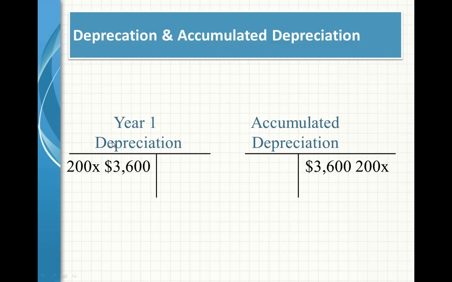Depreciation is an expense. Each year it goes to the debit side of the income statement, and in the balance sheet it will be deducted from the asset value, like that until the fifth year.